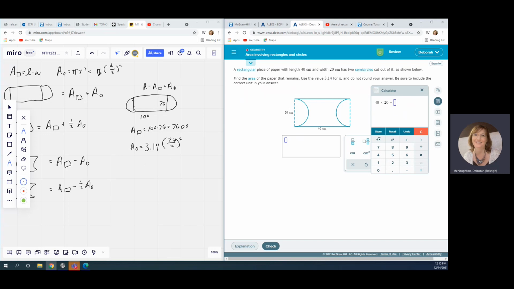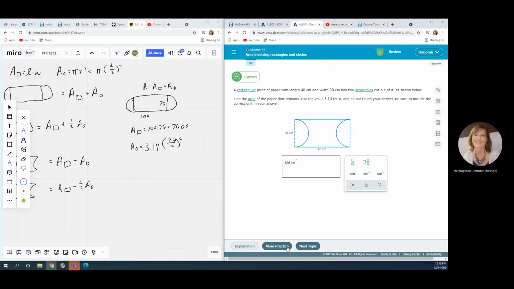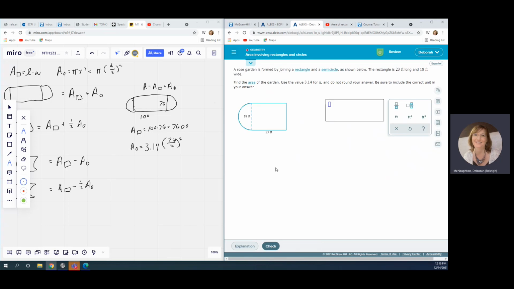And the area of a circle is pi times the diameter over 2 squared, 3.14, parentheses, diameter of the circle is 20 divided by 2. Square that. This one is 486 centimeters squared.